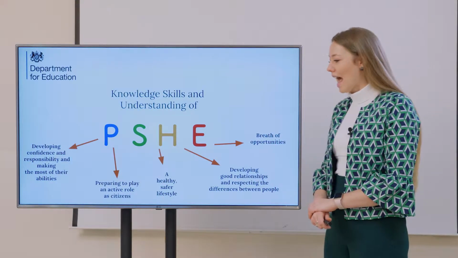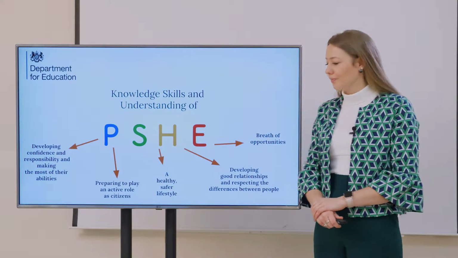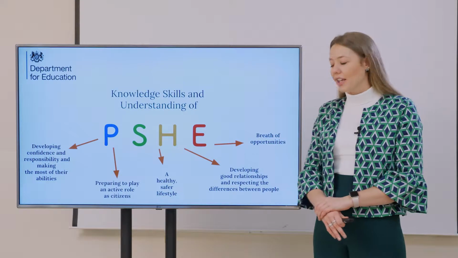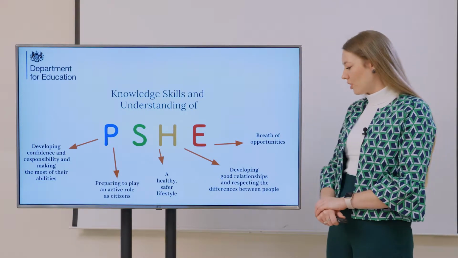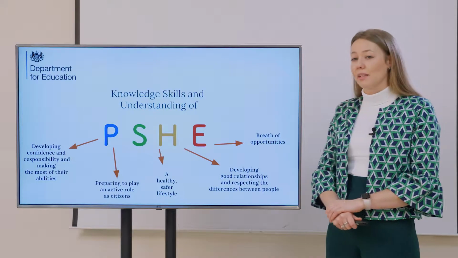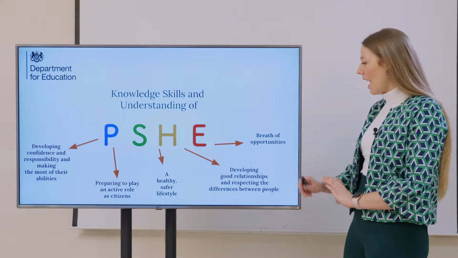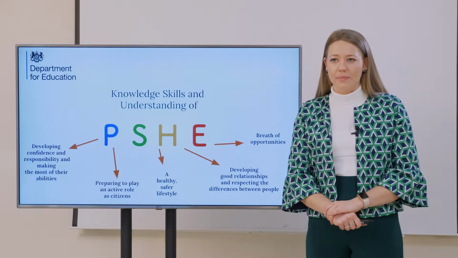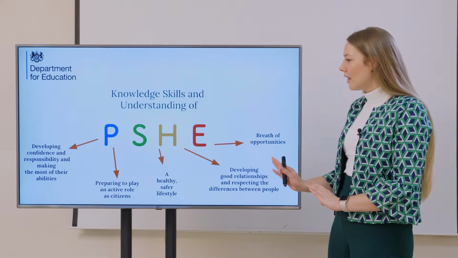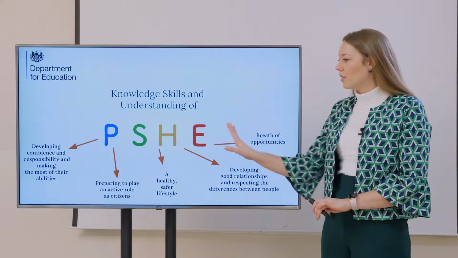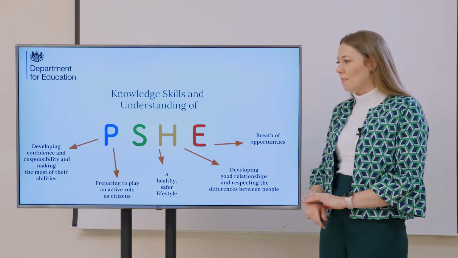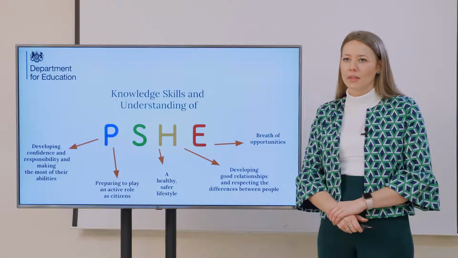Preparing to play an active role as a citizen. Having a healthy, safer lifestyle. Developing good relationships and respecting the differences between people. And breadth of opportunities. So here you can see these are the 5 strands that the Department for Education put under the umbrella term of citizenship and PSHE.